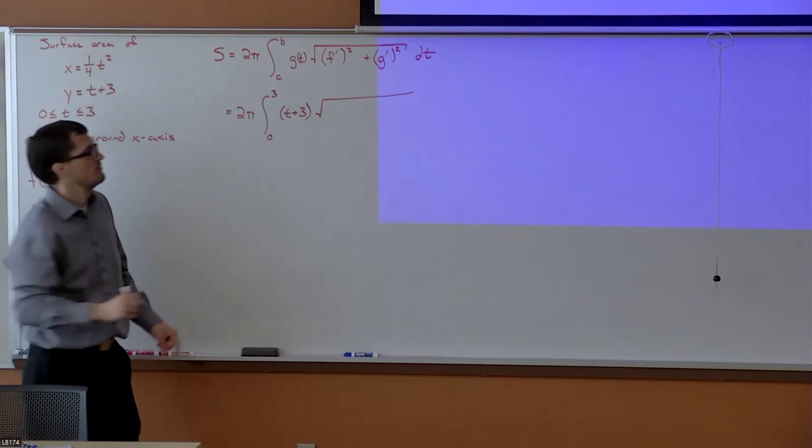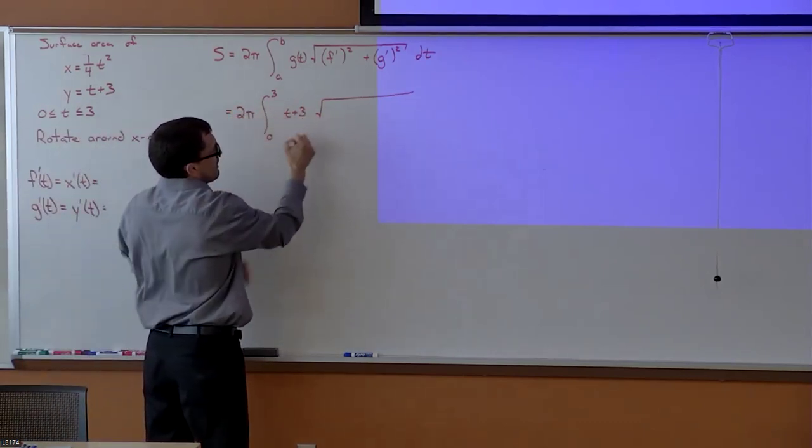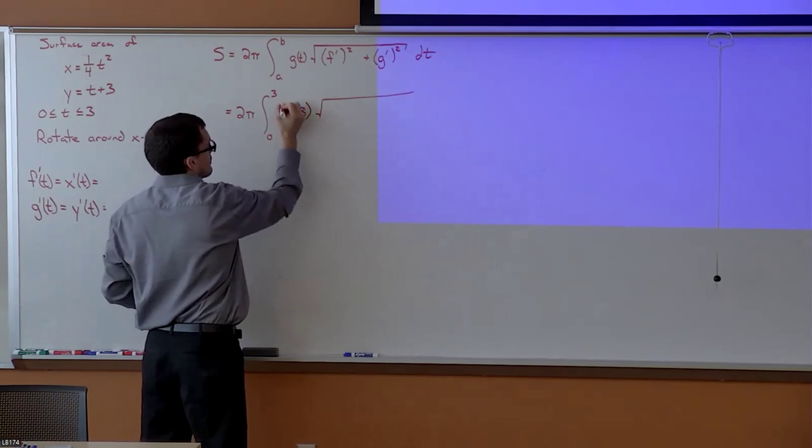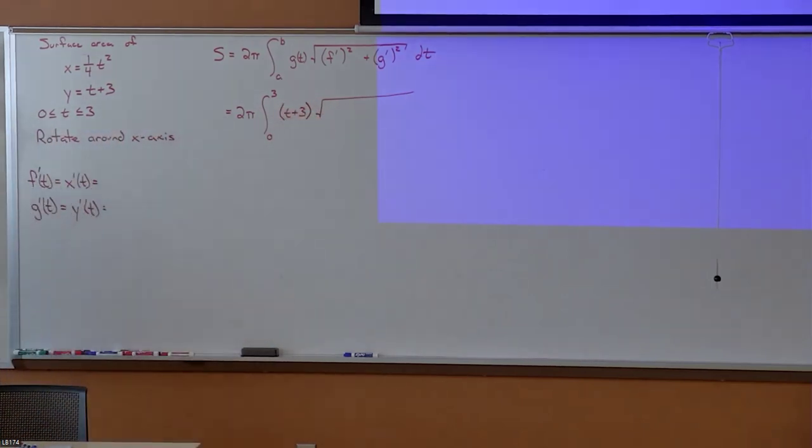If you leave these parentheses off, then only the 3 gets multiplied by the square root. So make sure those parentheses are in there when you type in your integration into your calculator.